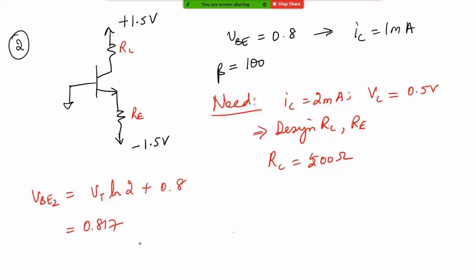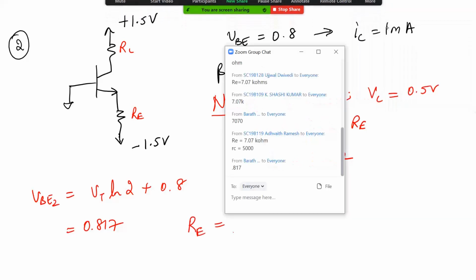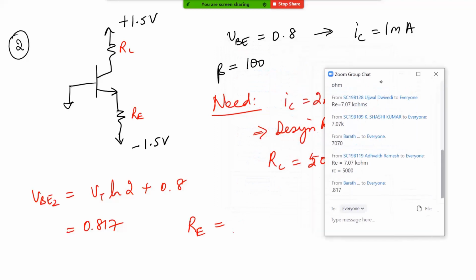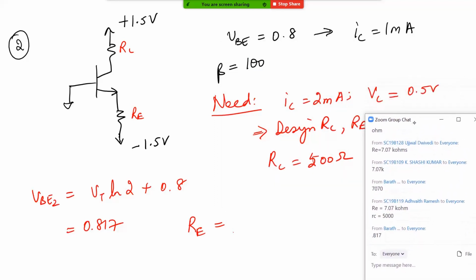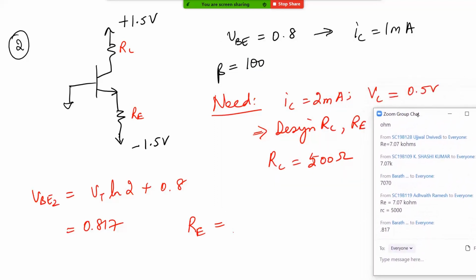Now that you know VBE, what is the value of RE? Sir, 7 kilo ohm. 7 kilo ohm. Can you recheck the answer?